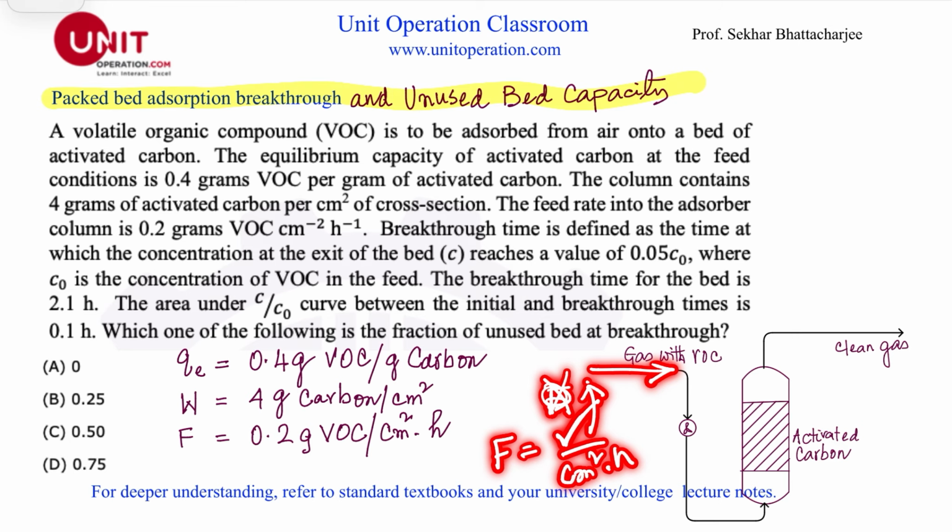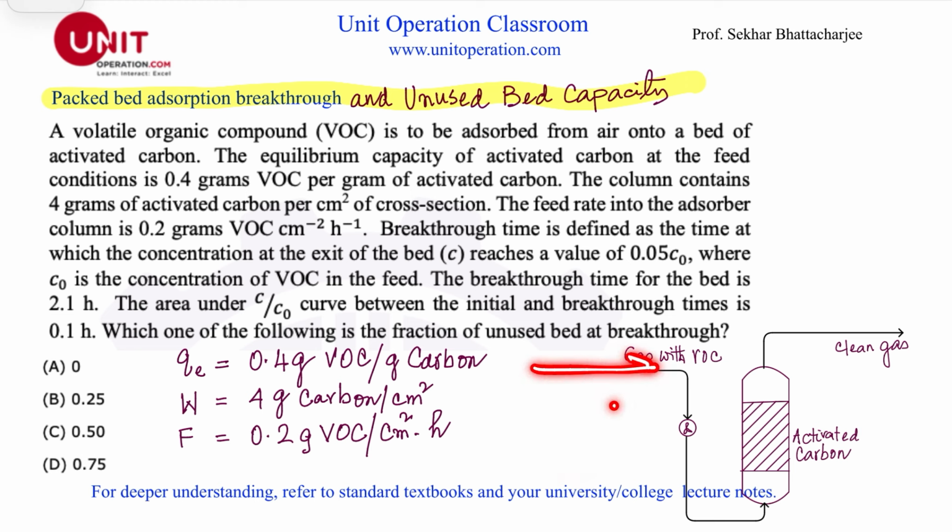So it is the grams of VOC, let's say benzene or whatever, coming in per square centimeter of the cross section per hour. That's the unit of the inlet flow rate of the VOC into the packed bed adsorber.